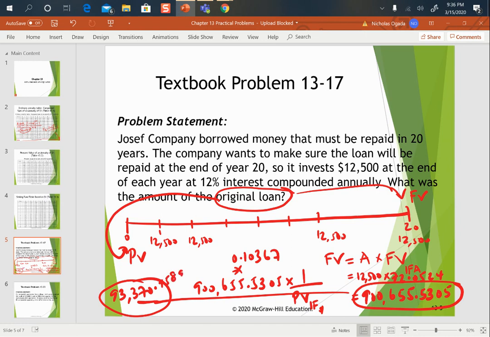So this is what I can say is the original amount, or what was borrowed. This is how much was borrowed at the beginning at time zero, but in terms of how much they need to have to pay off this loan, they need to have 900,655 to pay this loan in 20 years' time.